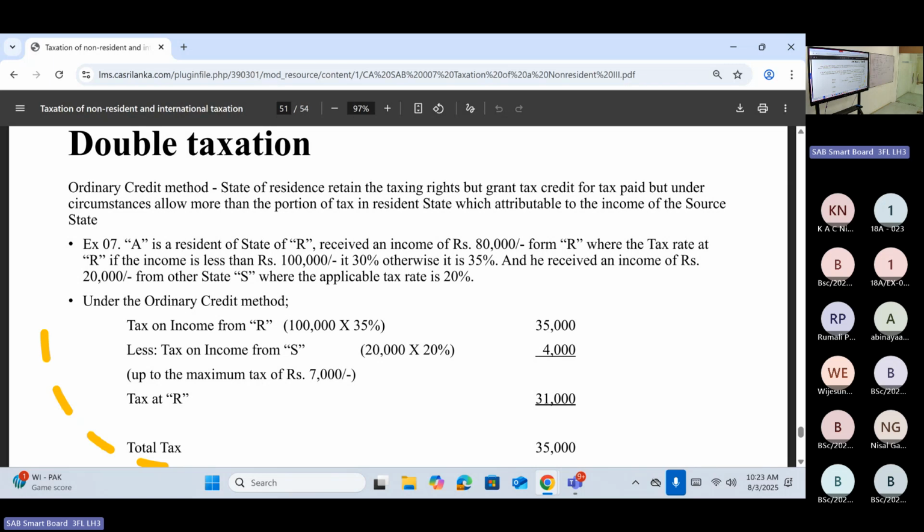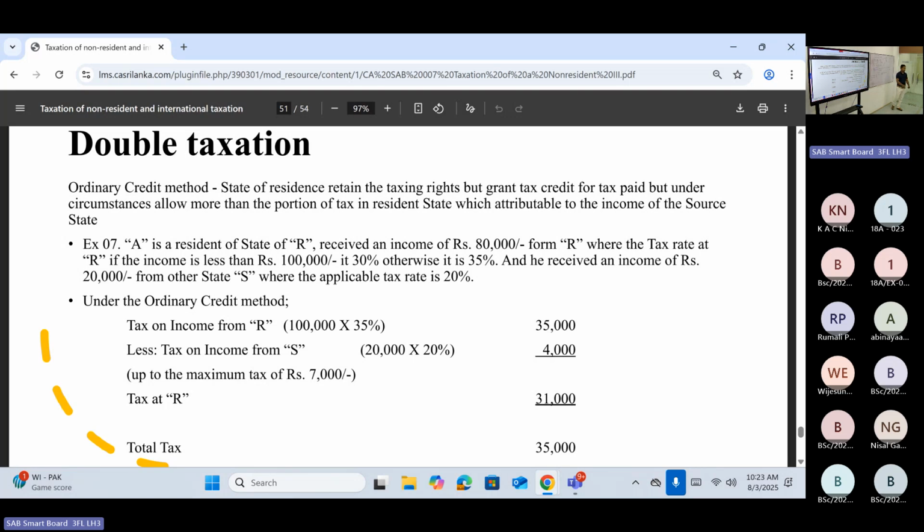So under the ordinary credit method, the concept is that tax credit is limited to the tax exposure in the resident country. In this context, he can claim up to 7,000, but he has already paid 4,000.